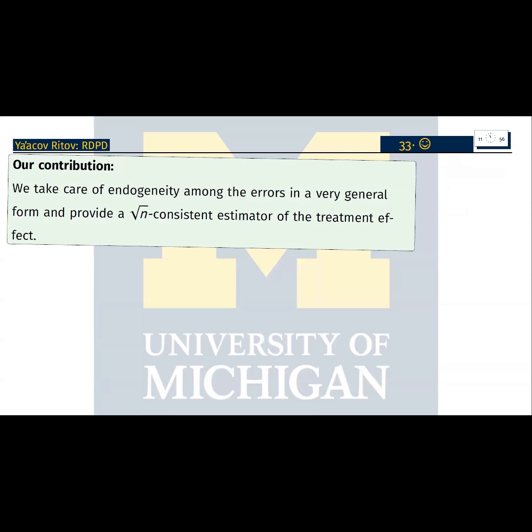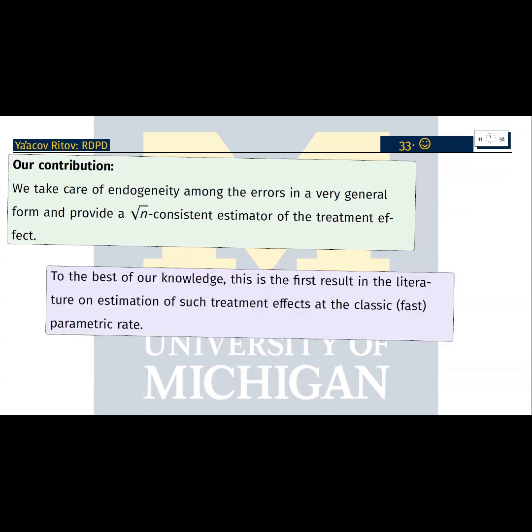Okay. So what is our contribution? We take care of the ambiguity among the errors in a very general form and provide a root-n consistent estimate of the treatment effect. To the best of our knowledge, this is the first result in the literature of the RDD that gives a fast parametric rate.